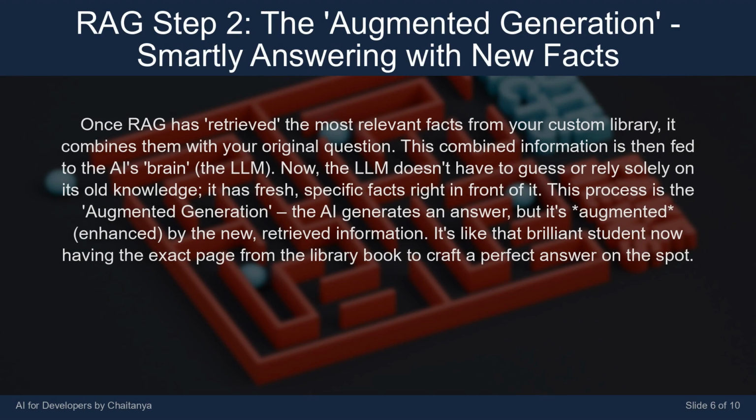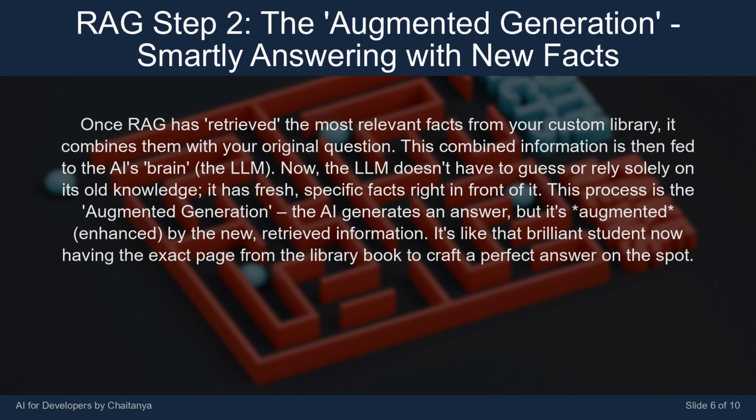Once RAG has retrieved the most relevant facts from your custom library, it combines them with your original question. This combined information is then fed to the AI's brain, the LLM. Now, the LLM doesn't have to guess or rely solely on its old knowledge. It has fresh, specific facts right in front of it.